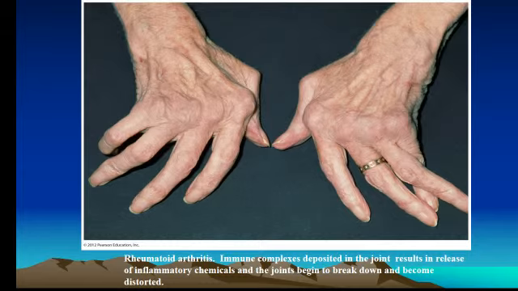This one is from type 3 hypersensitivity. The immune complex deposition in the joint results in release of inflammatory chemicals, and the joints begin to break down and become distorted.